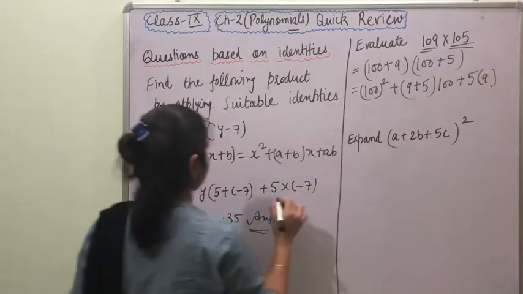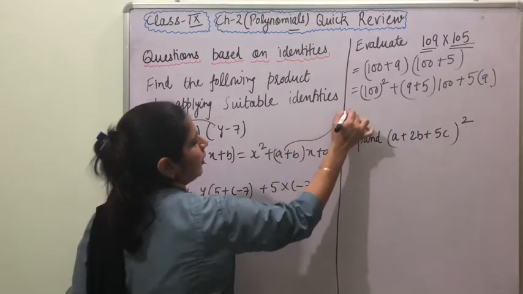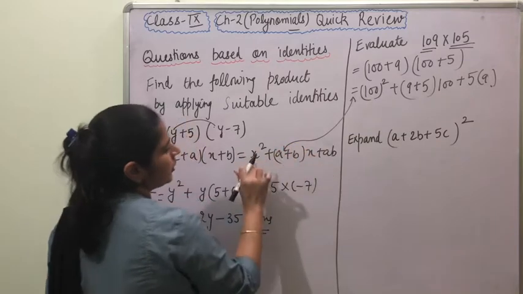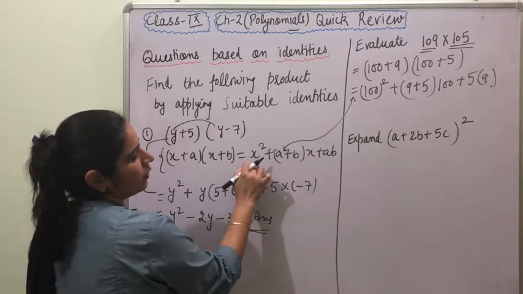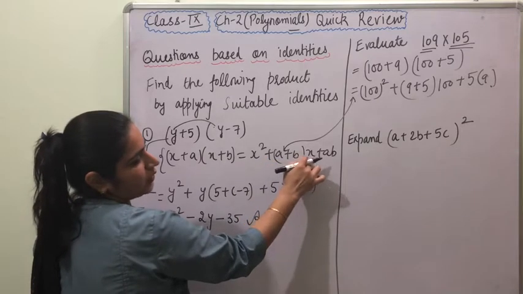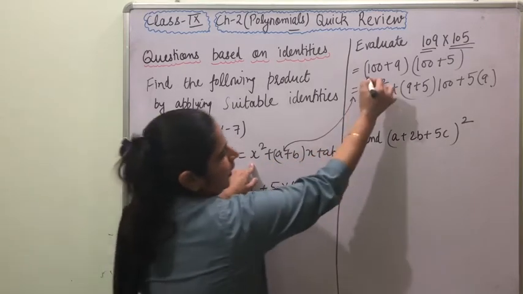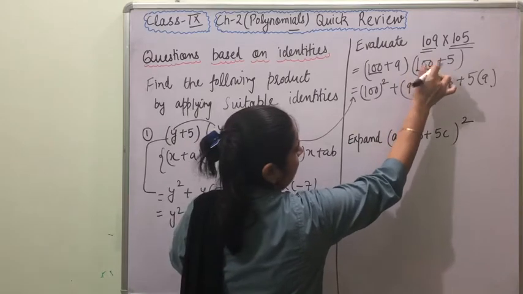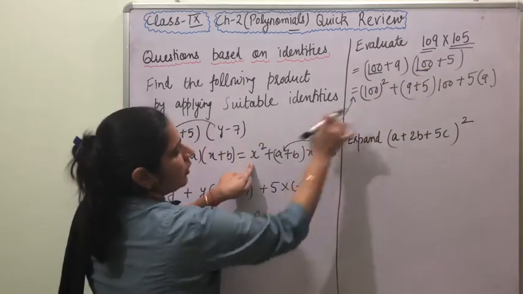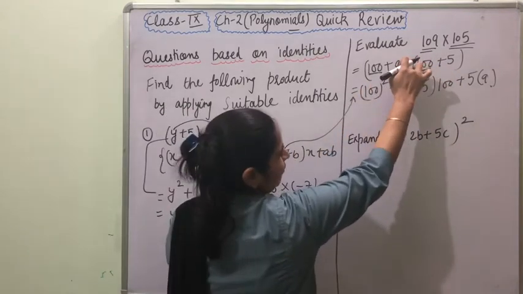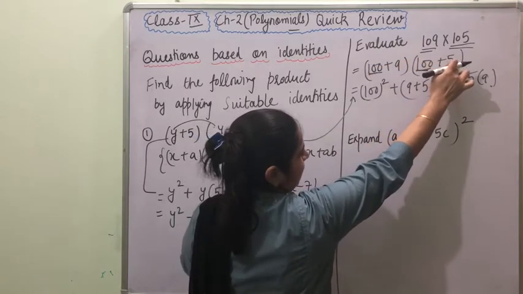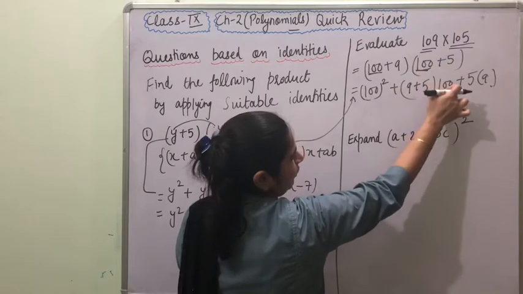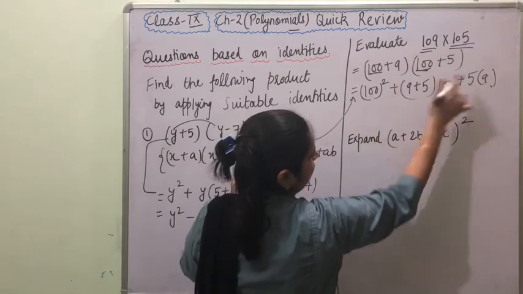Again the same identity we have to apply. I haven't mentioned it, but you have to mention it: (x + a) into (x + b) is equal to x square plus (a + b) into x plus ab. Here x is 100, repeating, so x square is 100 square. a is the first term and b is the second term, so 9 plus 5 into 100 plus 5 into 9.